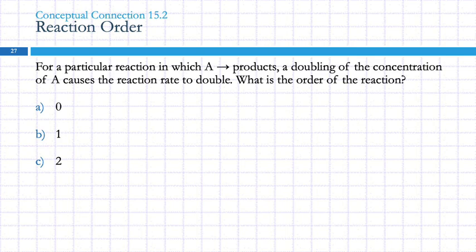So talking about the same kind of reaction here where we have just A going to products. A doubling of the concentration of A causes the reaction rate to double. What's the order of the reaction? 1. Yeah, it's going to be first order.